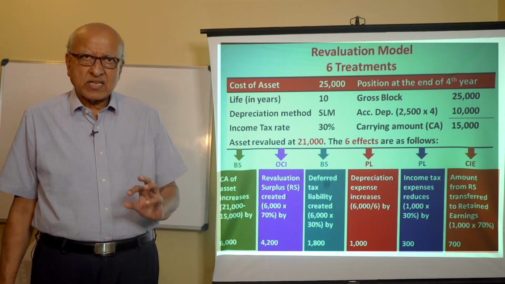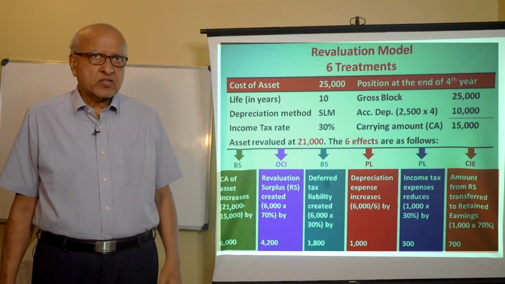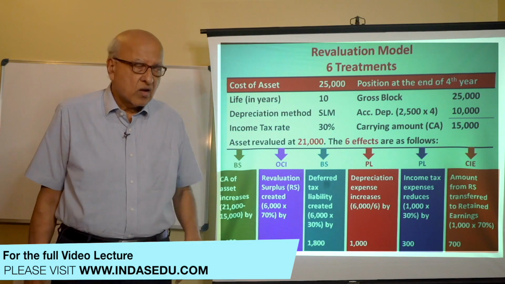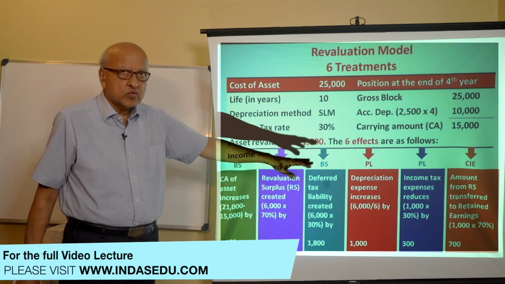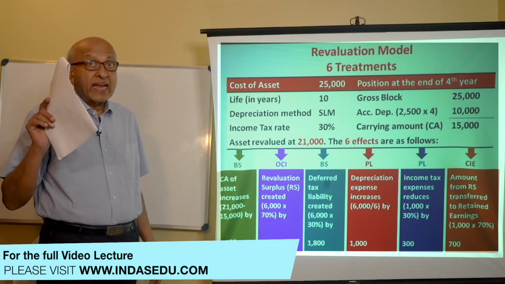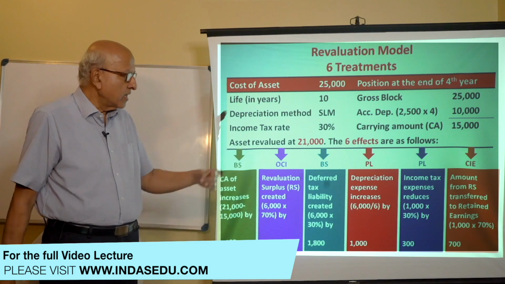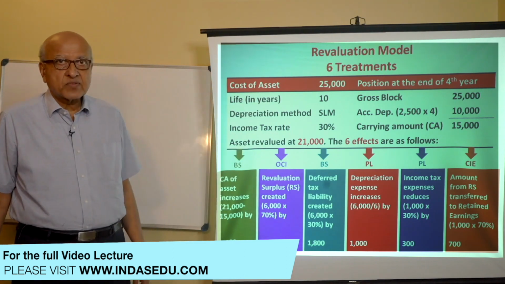So revaluation generally takes place either at the beginning or at the end of the period. If the revaluation takes place at the beginning of the year, all 6 adjustments will be in that particular year. But if it is at the end of the year, first 3 adjustments will be at the end of the year, remaining 3 in the subsequent period.